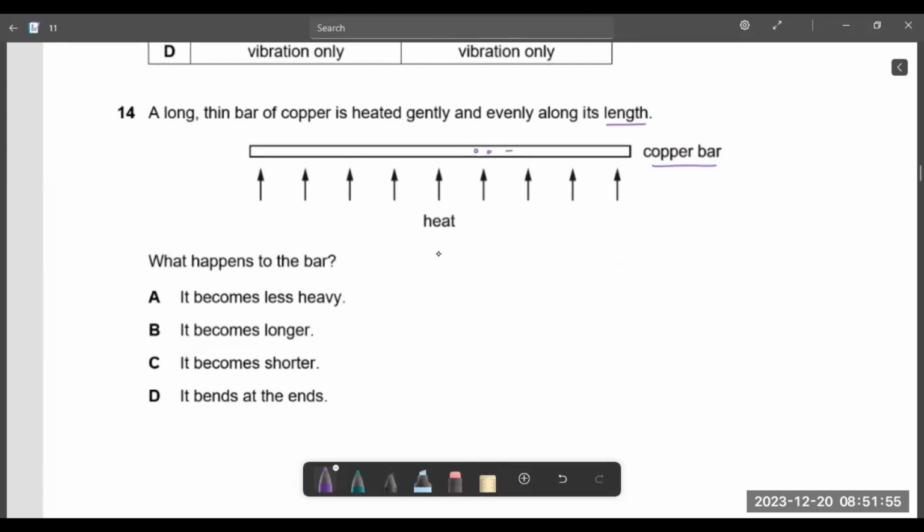The atoms vibrate more vigorously, which results in an increase in the average distance between atoms. So the average distance between the atoms will increase. So it is B. It has become longer.